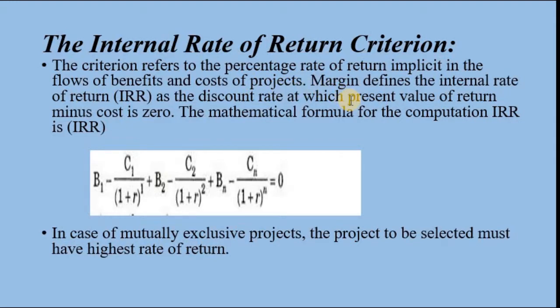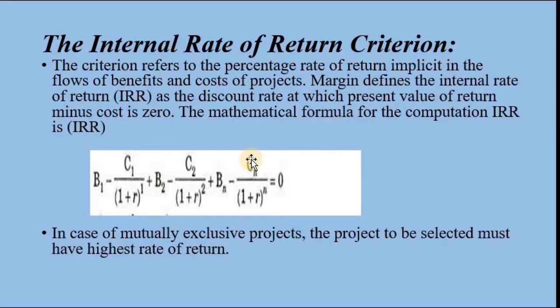Marglin defines the internal rate of returns, IRR, as the discount rate at which the present value of returns minus cost is 0. That is, present value of returns, that is benefit, minus cost is 0.